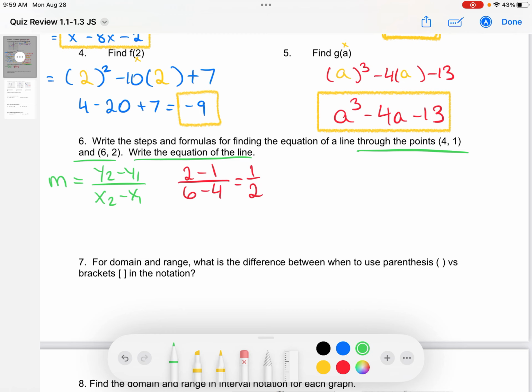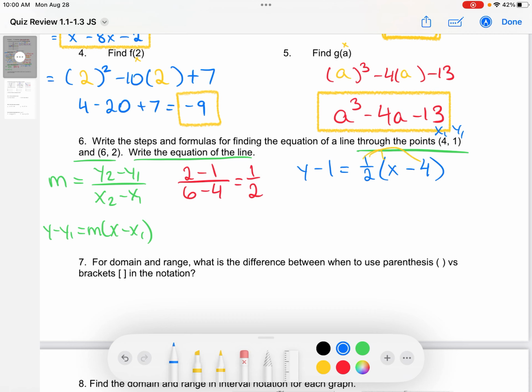Then we need to use y minus y1 equal to m times x minus x1 to write the equation of the line. So plugging that in, y minus 1 will equal that slope of 1/2 times x minus the x coordinate 4.